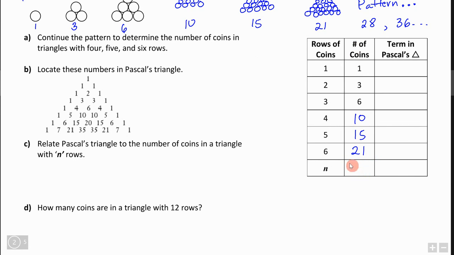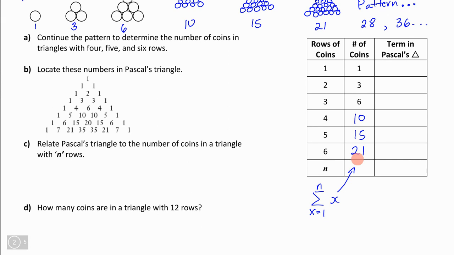Well, it turns out that depending on the number of rows, which is n, you could say the number of coins that you have in total will be the sum starting from row 1 all the way to row n of the number of coins in each row. And that's how I can express that mathematically.